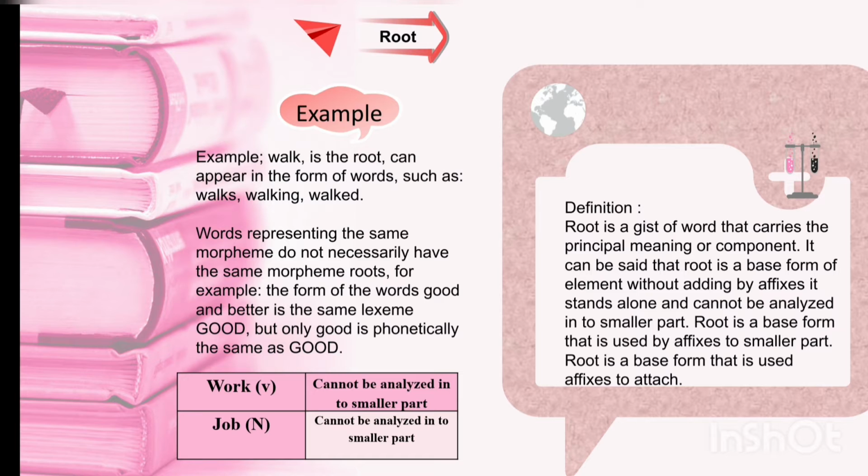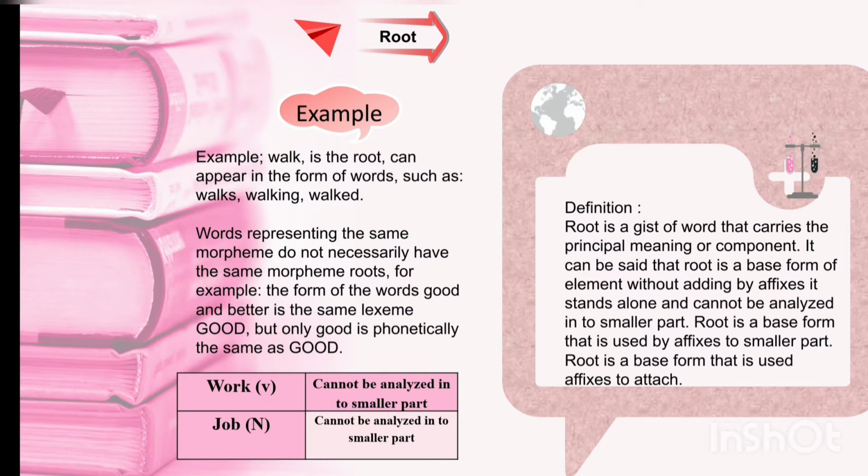Now I'm going to explain to you about root. Definition of root. Root is the part of a word that carries the principal meaning or component. It can be said that root is a base form of elements without adding an affix. It stands alone and cannot be analyzed into smaller parts.